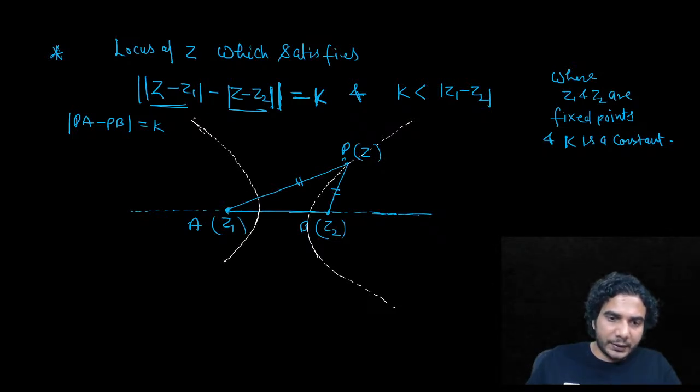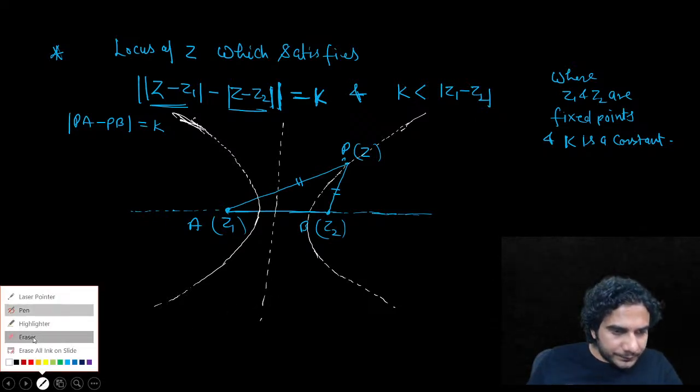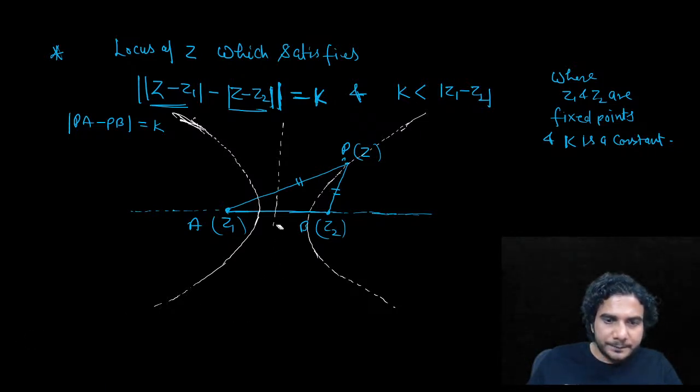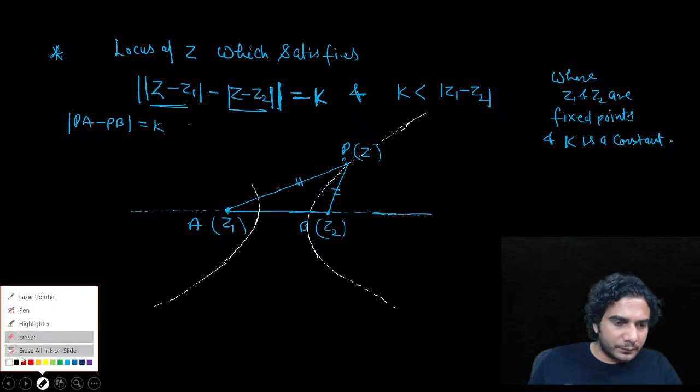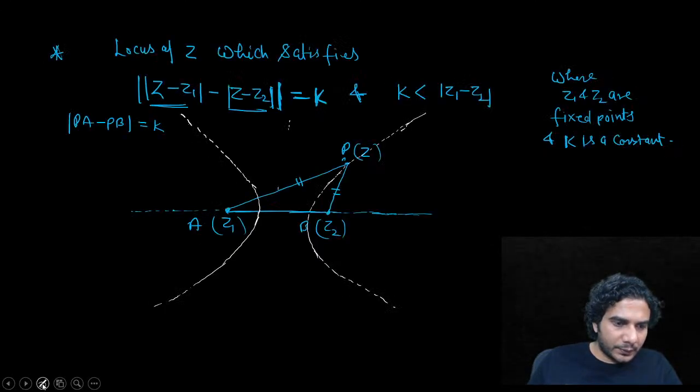These two branches are basically mirror images of each other, exactly identical about this line which passes through the midpoint of the foci.